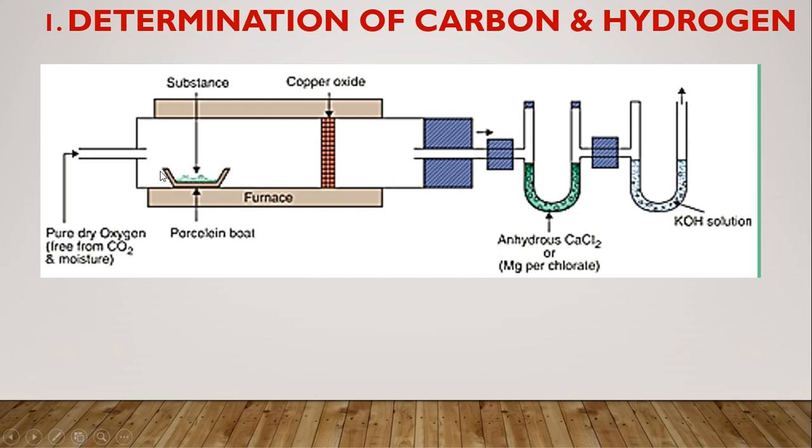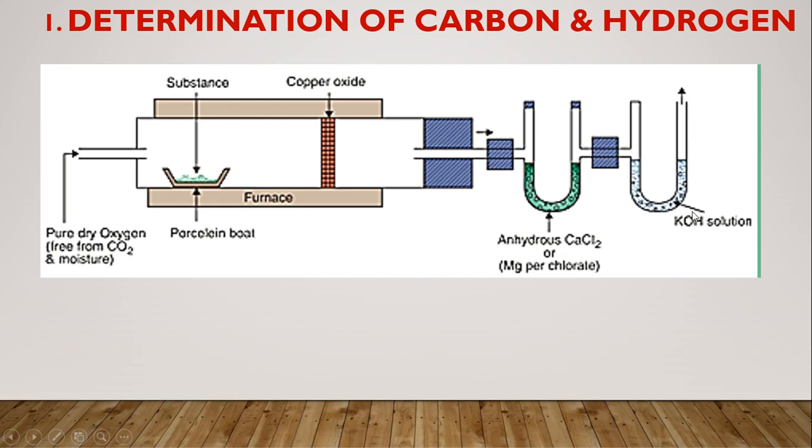For example, if H2O is present in this furnace, it will be captured by the anhydrous calcium chloride. The second U-shaped tube contains KOH, which has the property of capturing CO2. If carbon is present, it will convert into CO2 and be captured by the KOH. If hydrogen is present, it will convert into H2O and be captured by the anhydrous CaCl2.